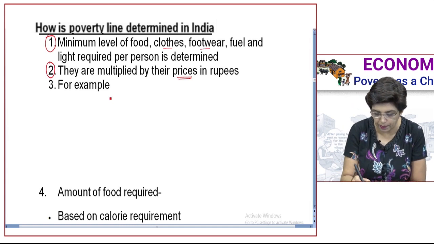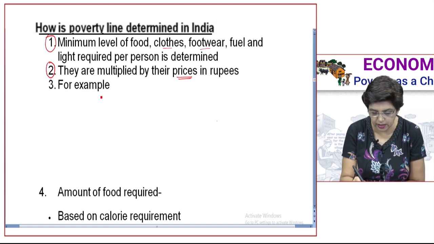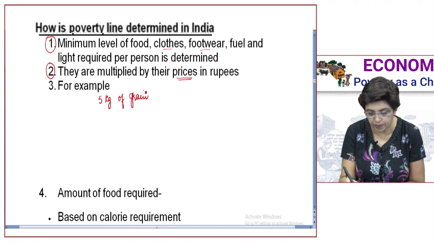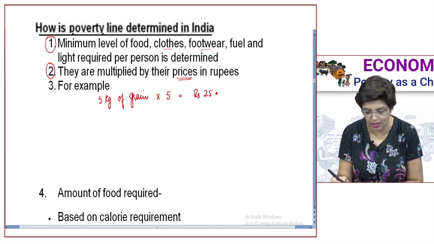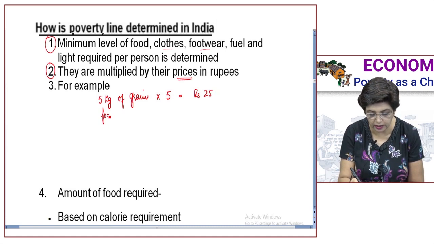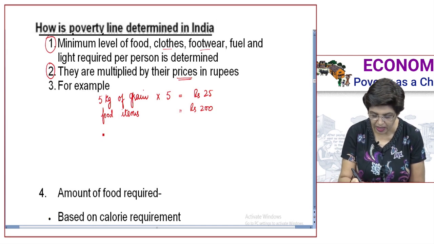I will give you an example. This is just for an example. Let us consider a person needs 5 kgs of food grain per month. Multiplied by its price, the person needs rupees 25 to buy the grains. Then a person needs other food items like vegetables, spices or fruits, and let's say the person needs rupees 200 for other food items per month.